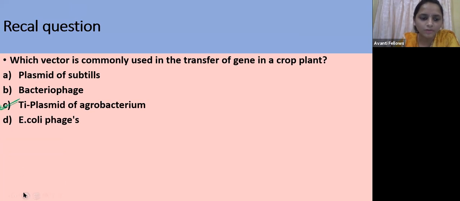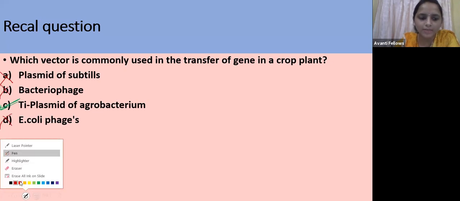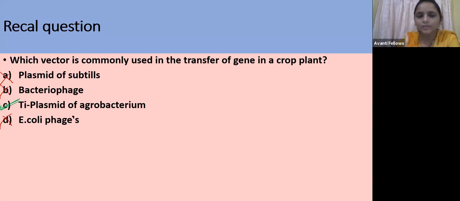What happens with the Ti plasmid is, in the normal condition, that bacteria infects the plant and causes which disease, guys? It causes crown gall disease, right? What is the reason for causing crown gall disease?